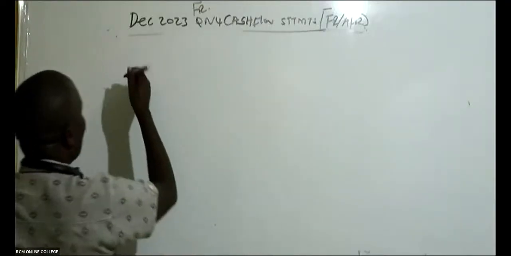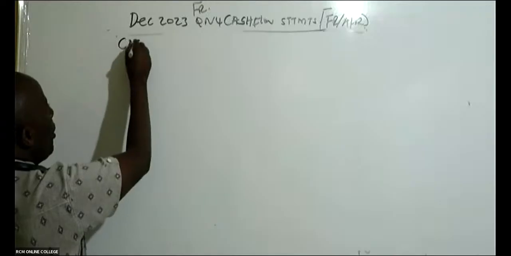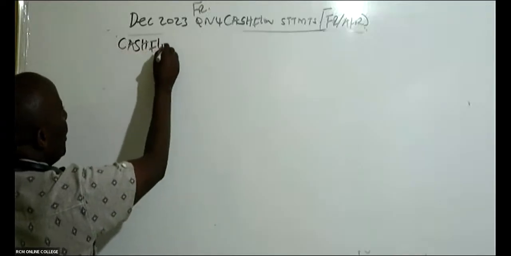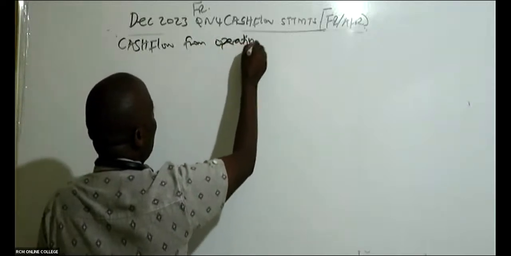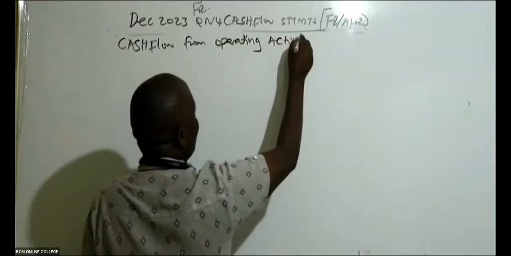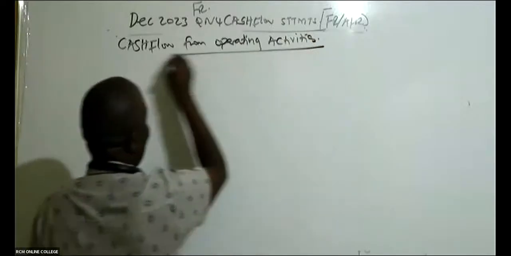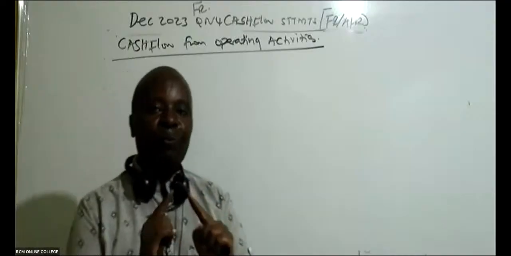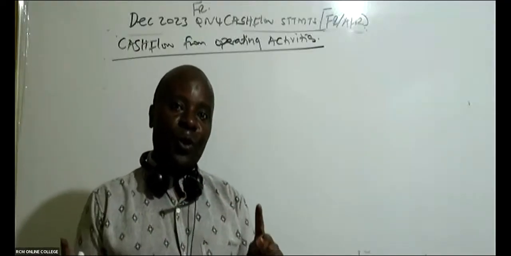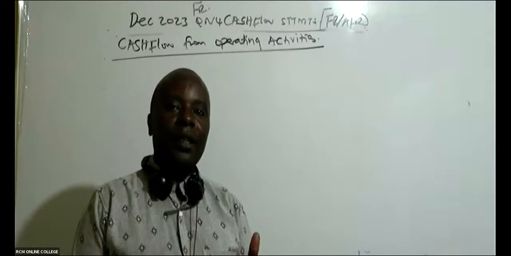The first section will be cash flow from operating activities. So we have 3 sources of our cash flows. We'll have cash flow coming from our day-to-day operations: we are selling, there's a cost of sales.